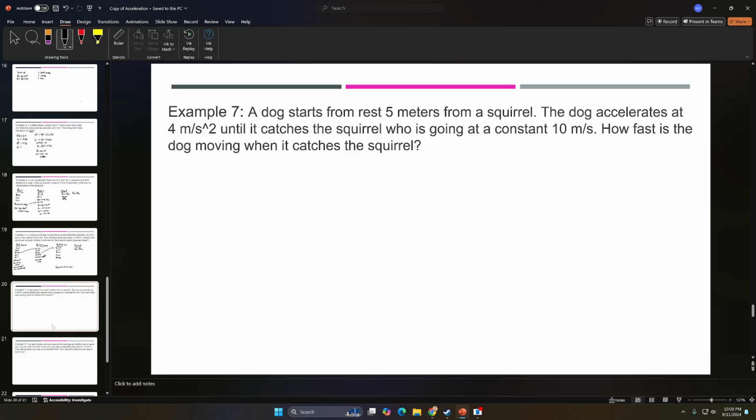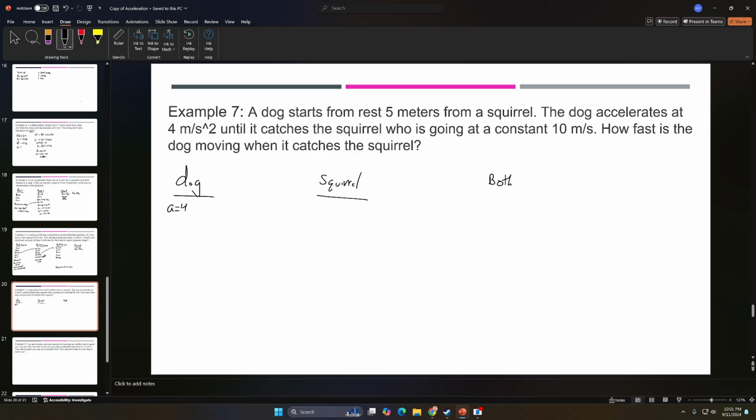Again, we want to treat everything kind of separately here. So let's go ahead and say, I'll do the dog, then we'll do the squirrel. And then we'll look at the combination of them. What's got to be true about both of them, and that's the interesting part. These two parts right here are, hopefully, relatively straightforward. So the dog accelerates at 4 meters per second squared. So it's 4.